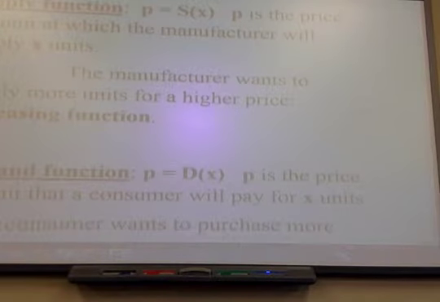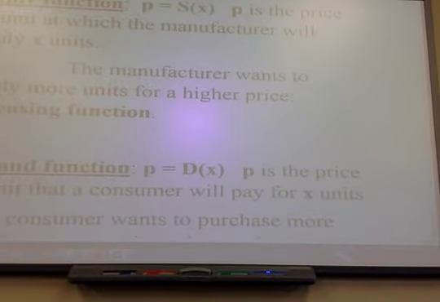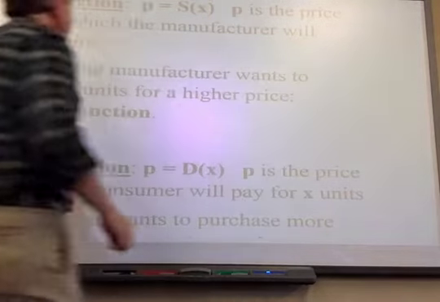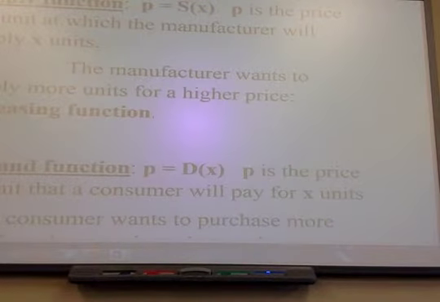Let's define the supply and demand functions. The supply function, P equals S of X. P is the price per unit at which the manufacturer will supply its units. Okay? The manufacturer wants to supply more units for a higher price, so it's an increasing function.